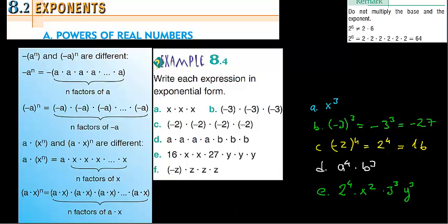And the last one, I'm going to choose blue color for that one. Here we have one minus, and the rest of them are positive. So minus times plus times minus times plus. We are always going to get the result minus, because there is only one minus sign, and when we multiply by negative numbers, the results are always going to be negative. So the f1 is going to be minus z to the power of 4.